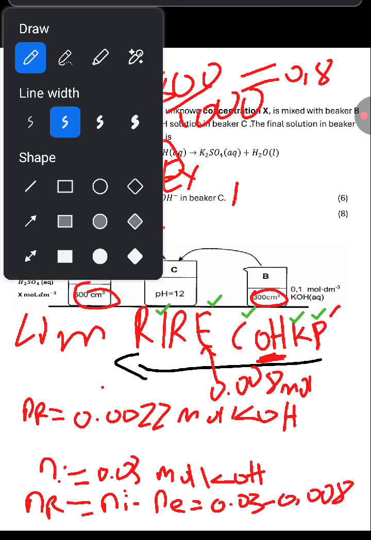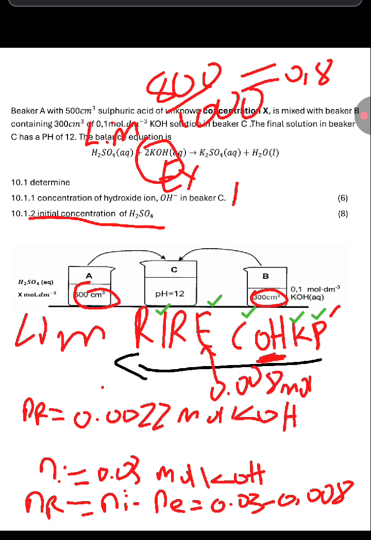For the excess reactant, we have our excess number of moles, right? We have our reacted, our initial number of moles. We have got our reacted number of moles, which is represented by this part.